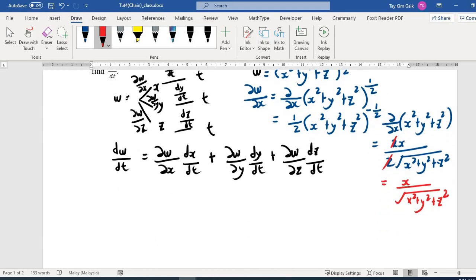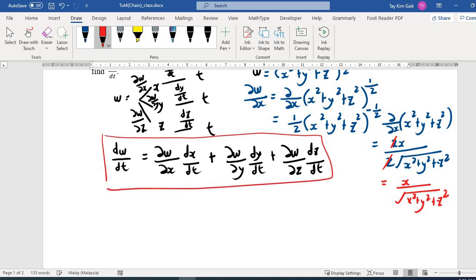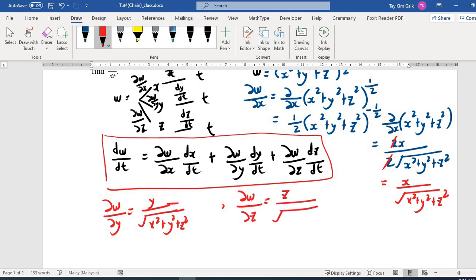So similarly, you get your del w del y is y over square root of x squared plus y squared plus z squared. Del w del z will be z over square root of x squared plus y squared plus z squared.